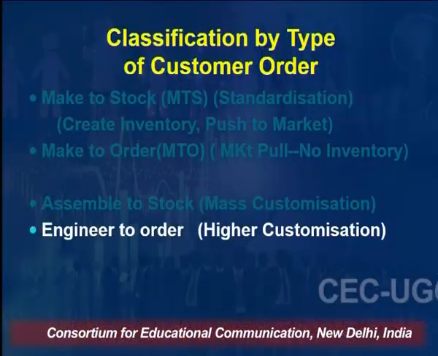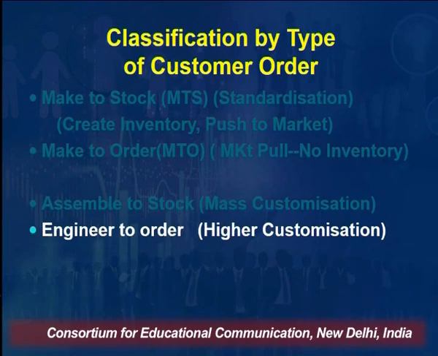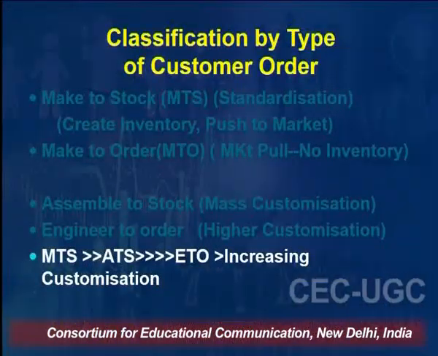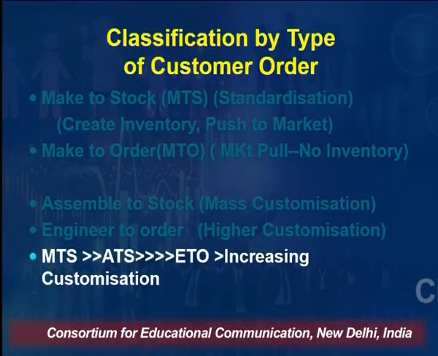And then there is another theme called engineer to order, which requires very high customization. So basically, make to stock, assemble to order, and engineer to order: as you move in this process, you are moving towards more customization.